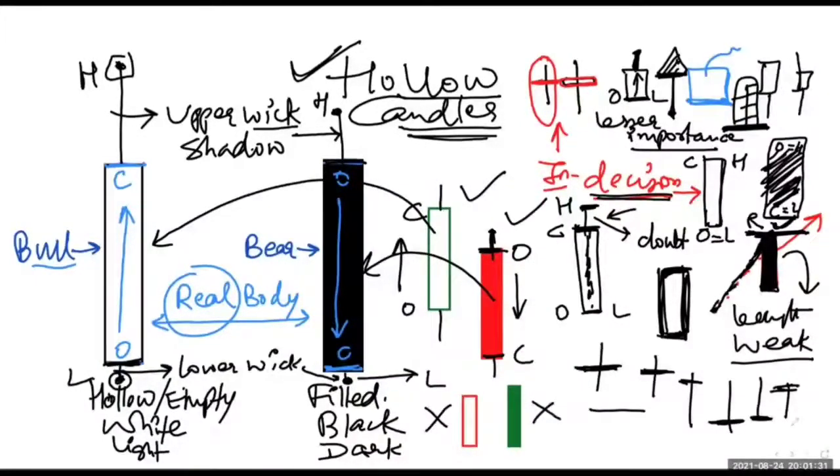So actually, till the black and white world, hollow candles were very easy to understand. But in the colored world, the world has actually become very difficult to understand. So typically there are these 2 things, one here, okay, and one here.